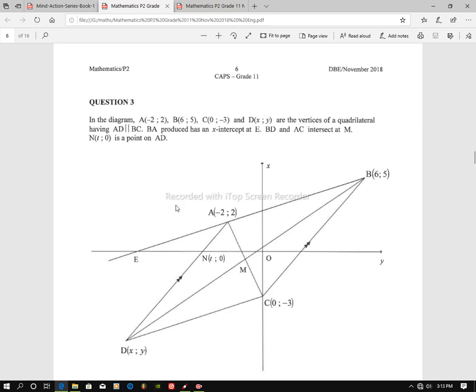So question 3, they say in the diagram, A is (-2; 2), B is (6; 5), C is (0; -3), and D is (x; y). So for D, we are not given those coordinates.